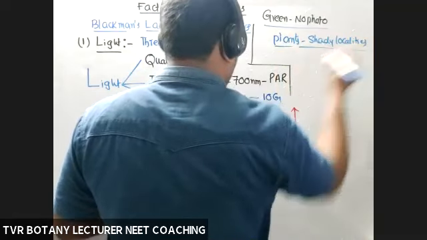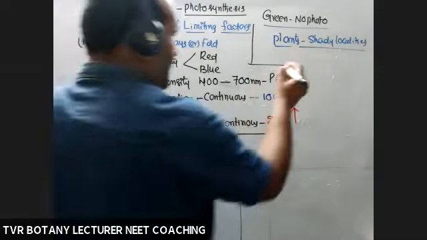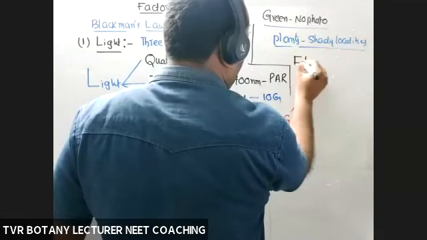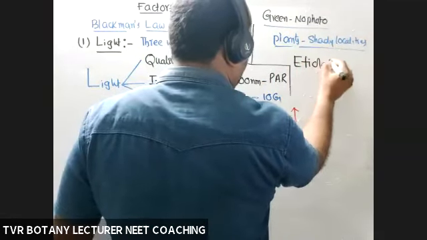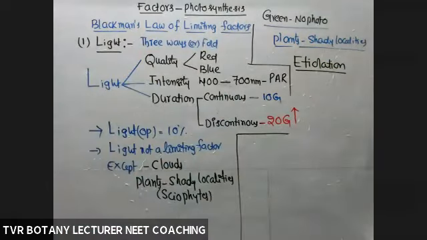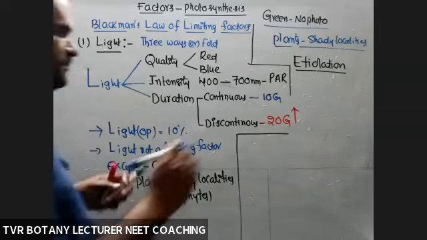exhibit a character called etiolation. What is etiolation? Plants growing in shady localities exhibit certain characteristics. What are they?